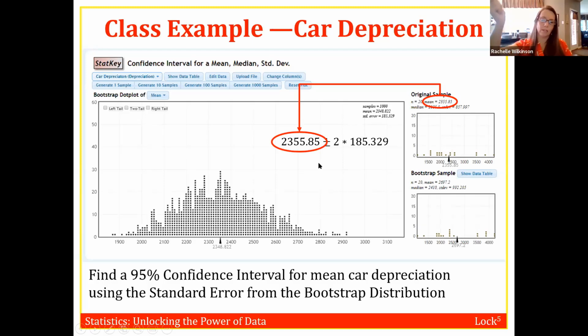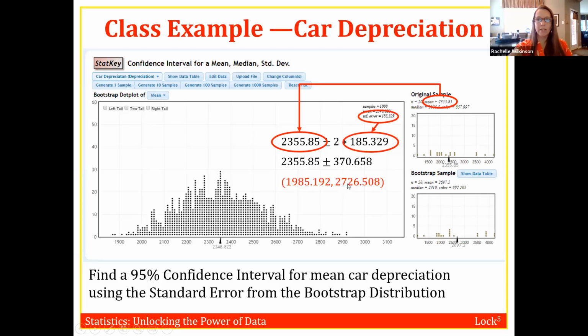Maybe write that on your notes somewhere really big. If we were taking a paper test, then I would tell you, as soon as you get your paper, just go through your test and cross out any of those means, so you're not tempted to use them. You're actually not ever going to really need to use that value that's in the upper corner there for the mean. So I'm going to use my standard error estimate, add and subtract.